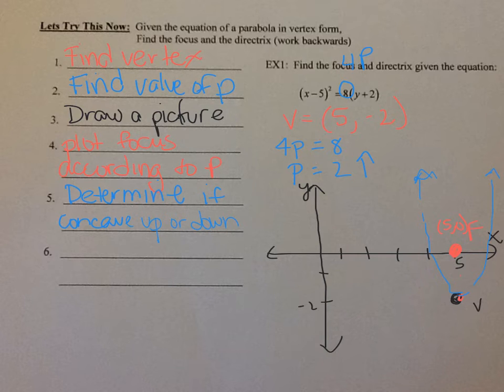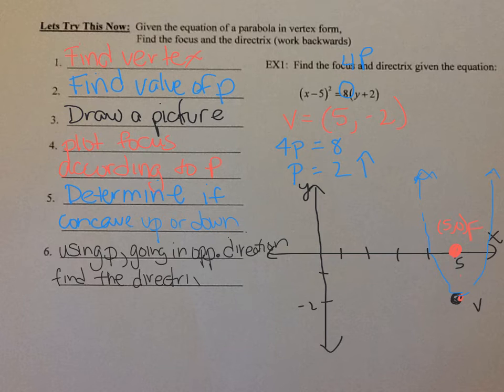So step 6, let's write using p, going in the opposite direction. You might want to write the word opposite. Direction. Find the directrix. And make sure when you're done, you do have it as y is equal to some number.